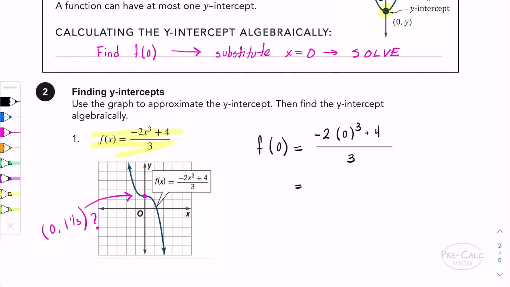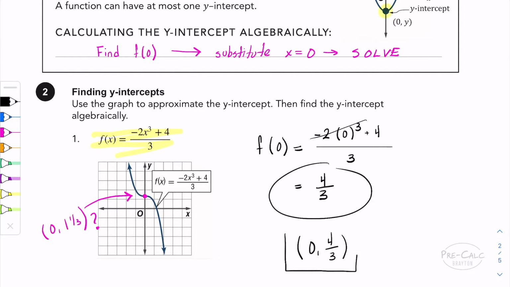In the numerator, -2 times 0 is just 0, and we're left with 4 over 3. So we have a y-intercept at (0, 4/3), which is the same thing as 1 1/3.